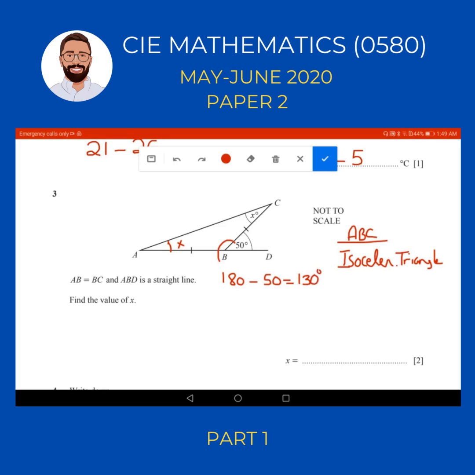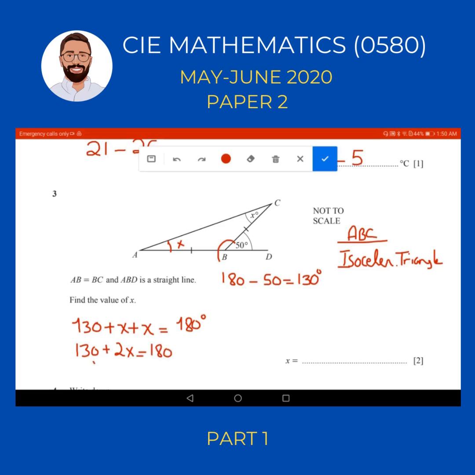Now, since ABC is a triangle, if I add up all the interior angles of this triangle, the answer is 180 degrees. So if I add up the angle at B, which is 130, plus the angle at C, which is x, plus the angle at A, which is x, the answer should be equal to 180 degrees. So 130 plus 2x is equal to 180.